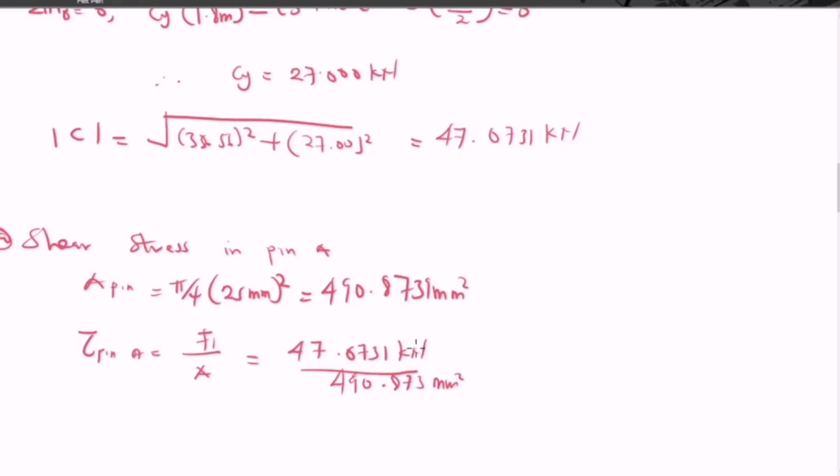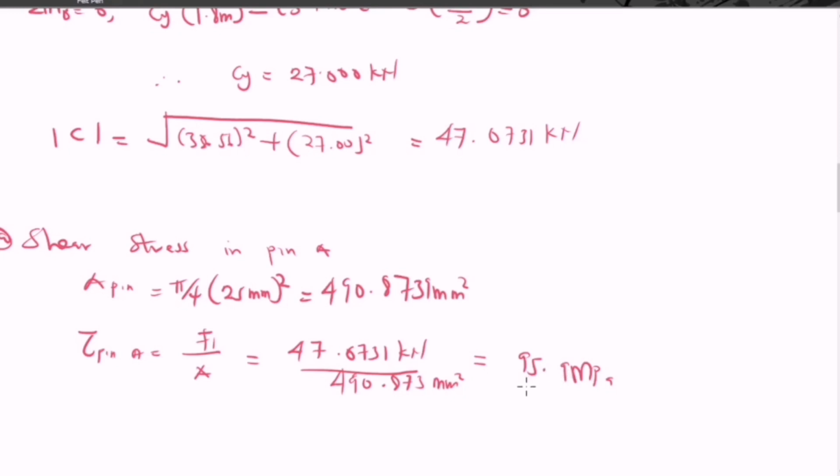So for us to get it in megapascal, we change this to Newton. Are you getting it? So when you do that, you are going to multiply by 10 exponent 3. And when you do that correctly, you are going to get 95.9 megapascal.